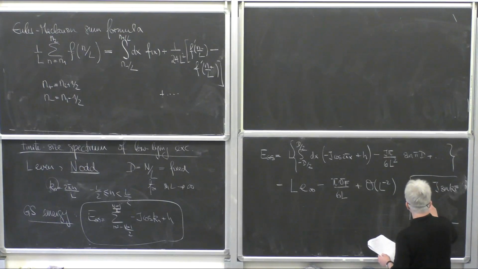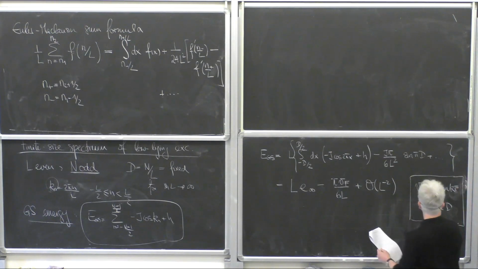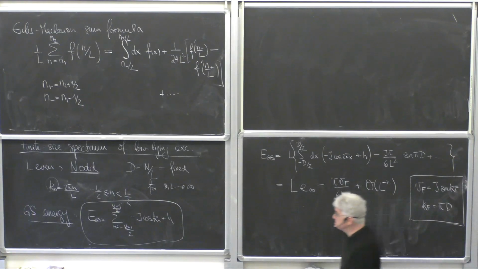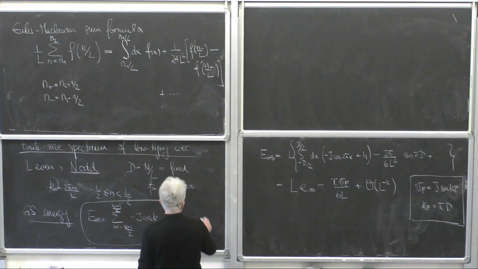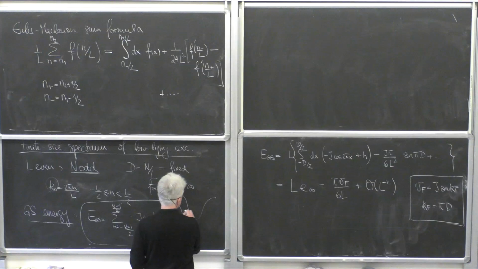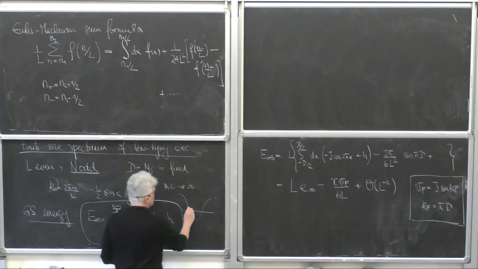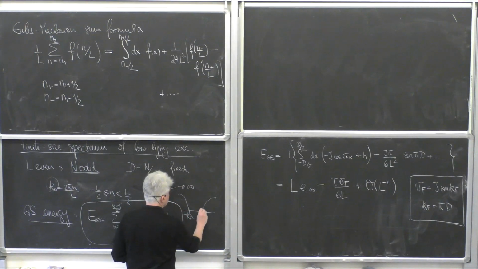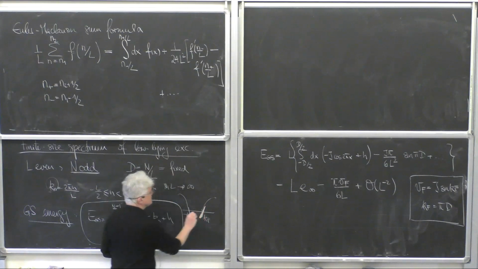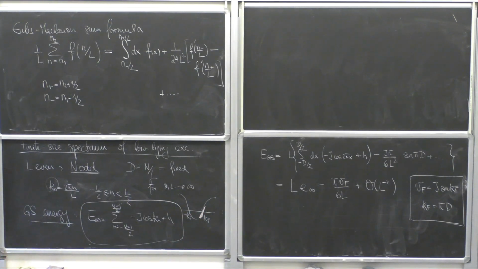And kF is pi times the density. Okay, what is the Fermi velocity? Well, if you have this dispersion, so you have filled the Fermi sea between minus kF and kF, the Fermi velocity is basically just the derivative of the dispersion at kF.